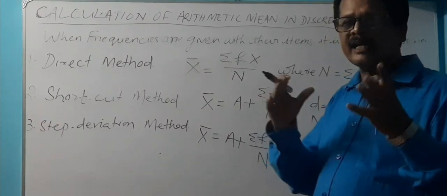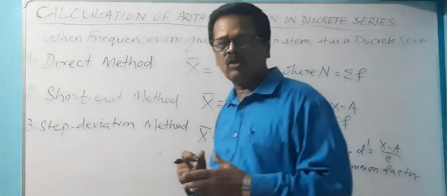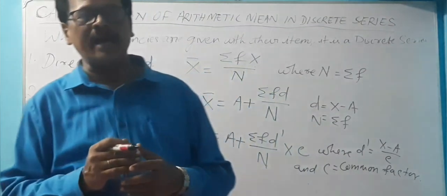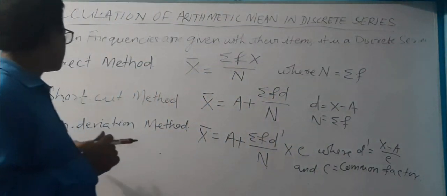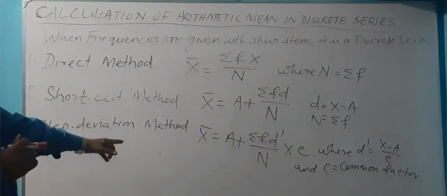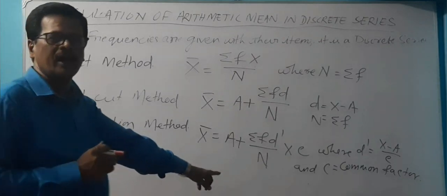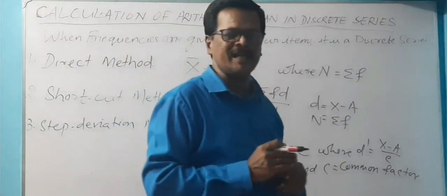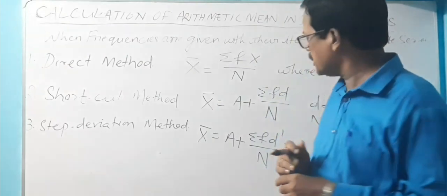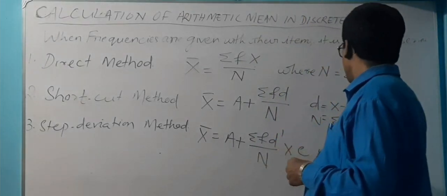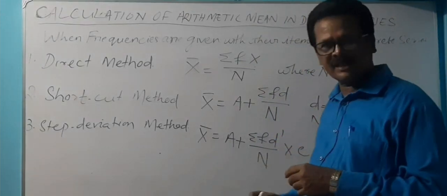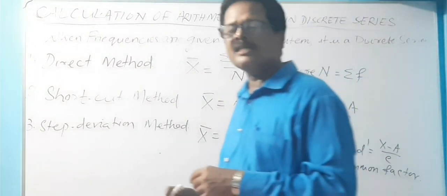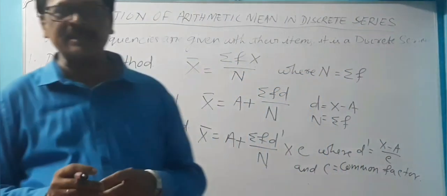By adding all the f values, all the frequencies, we will get n. And in step deviation method, x bar is equal to a plus summation f d dash by n into c, where d dash is equal to x minus a divided by c. And what is c? C is the common factor in x series.